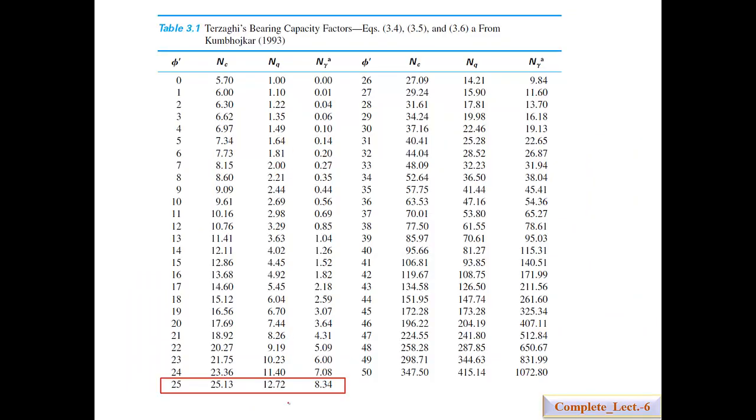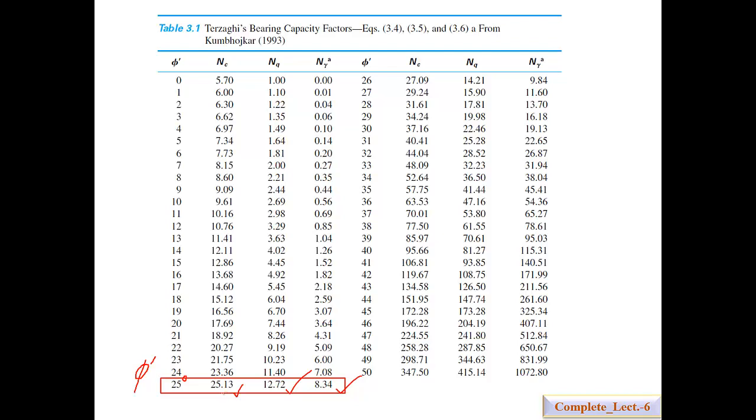So for phi prime, 25 degree, and C you can find 25.13, and Q you can see 12.72, and N gamma is 8.34. So now you know all the information of this formula.